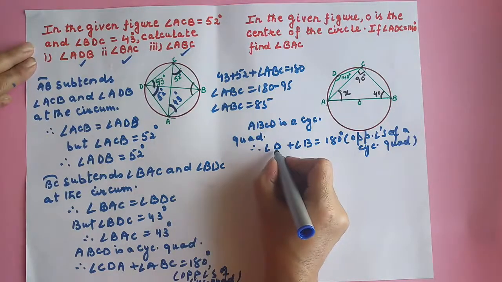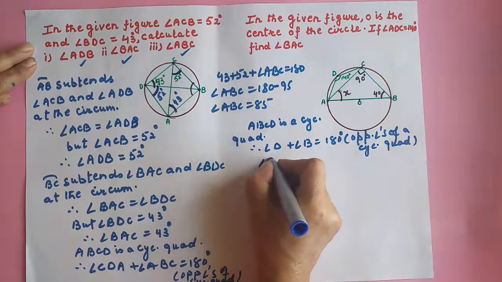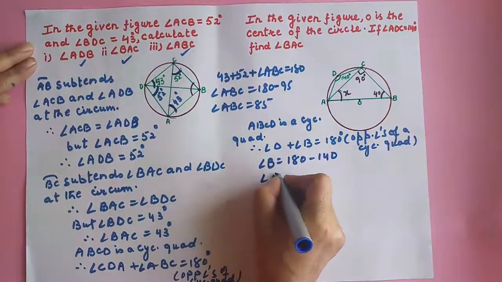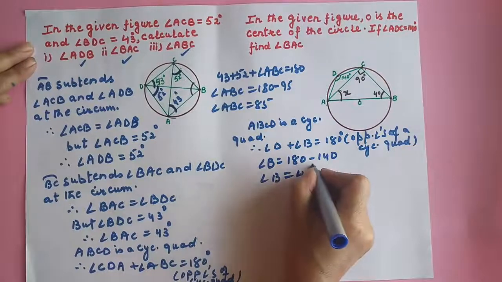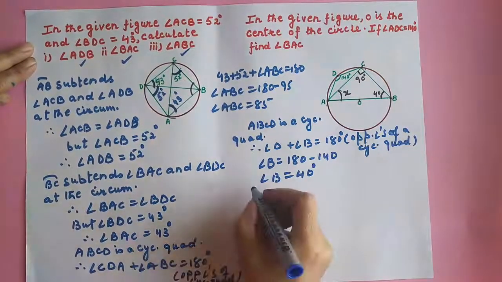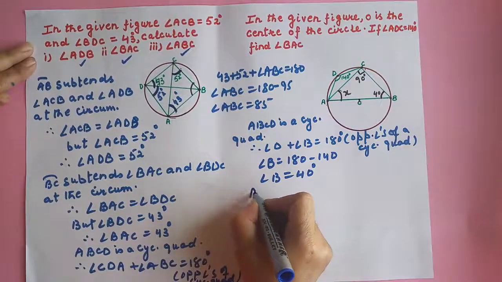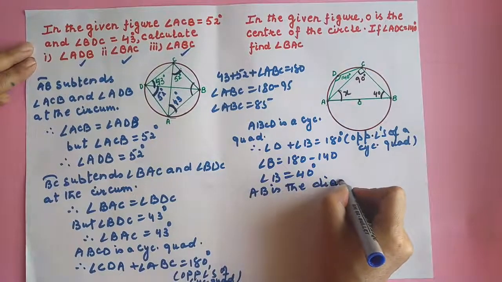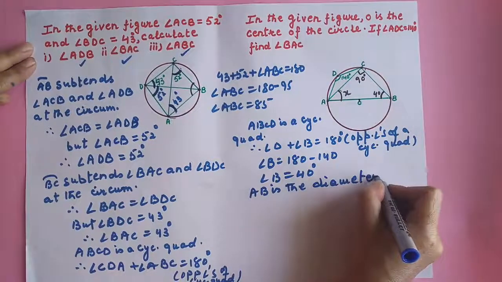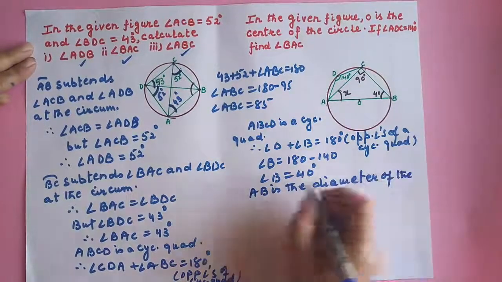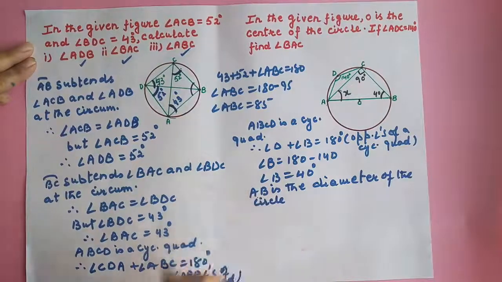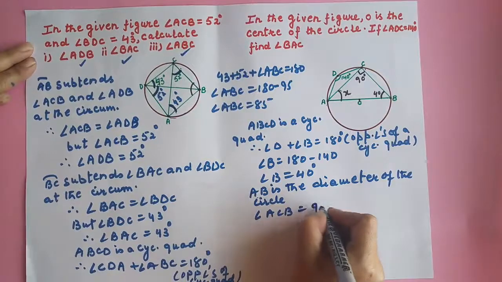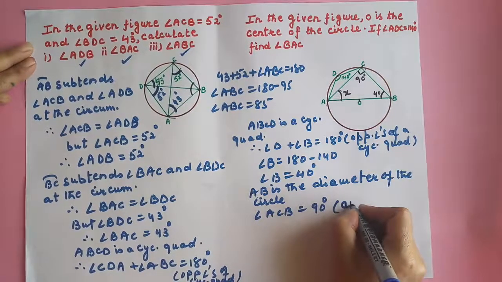We will write: ABCD is a cyclic quadrilateral. Therefore, angle D plus angle B is equal to 180. Opposite angles of a cyclic quadrilateral. You have to write reasons for every statement that you are writing. So, angle D is 140. So, angle B will be 180 minus 140. So, your angle B is equal to 40. Right? Now, AB is the diameter of the circle. So, angle ACB is equal to 90 degrees. Reason: angle in a semicircle.